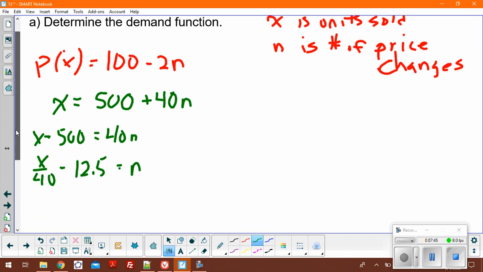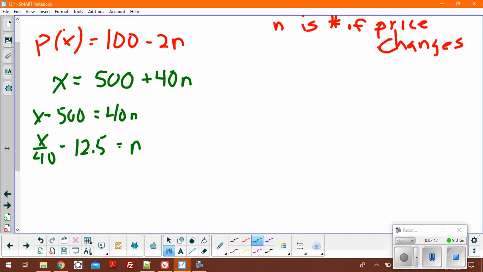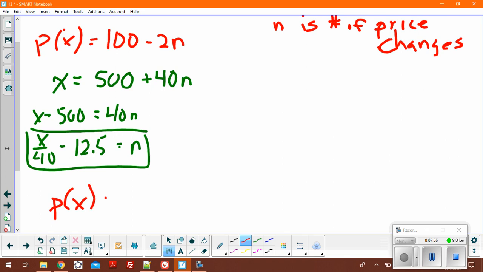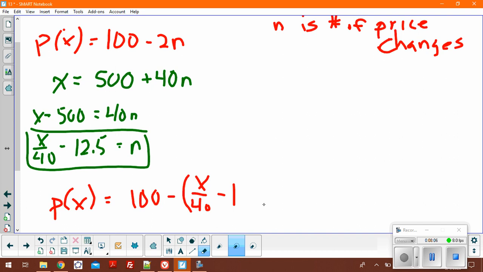Now that I have my price changes in terms of the number of units, I go back to my P of x equals 100 minus 2 times x over 40 minus 12.5.